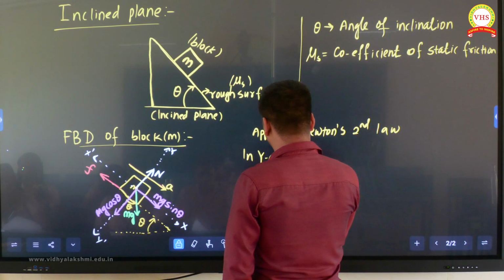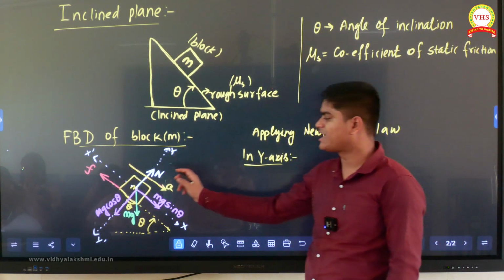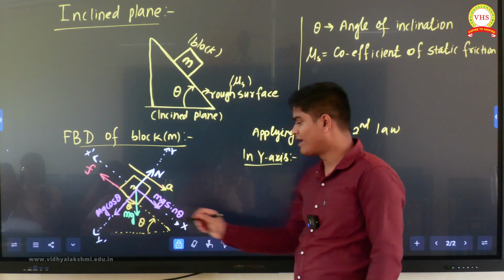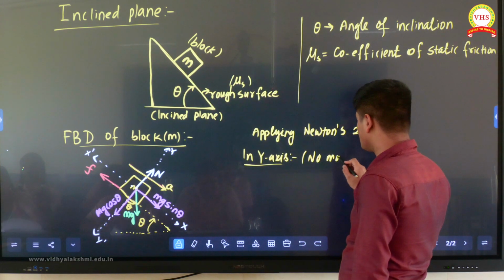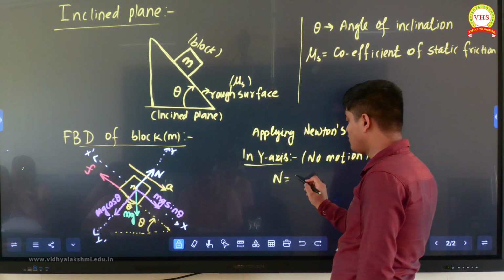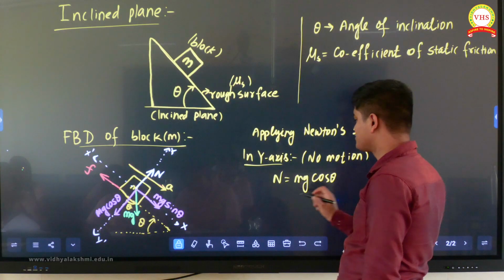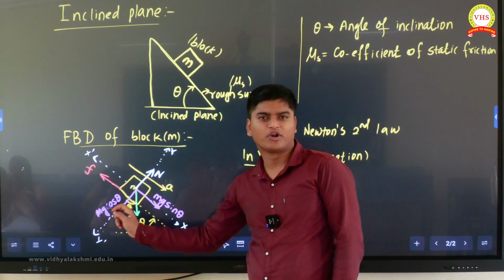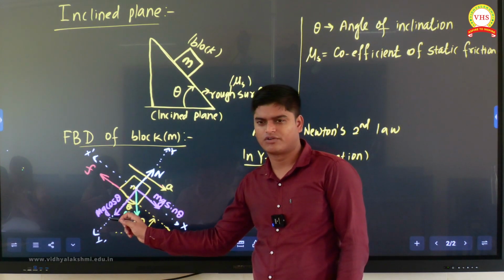In the y-axis, there will be no motion. If there is no motion, so what can I write? Now N equal to what? N equal to mg cos theta. Normal reaction will be equal to the component of the weight. So this upward force will be equal to the downward force.